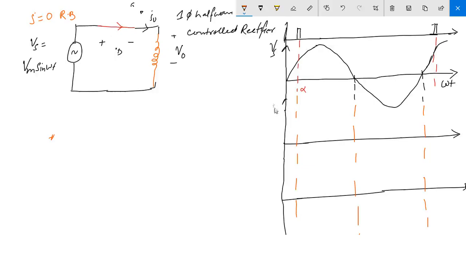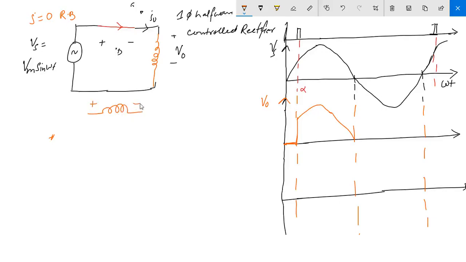During the off period you won't get any waveform here, Vo. Here the waveform is 0. Once the SCR is triggered, the SCR is going to conduct, and it will trace the similar voltage. No problem with the voltage. But the inductor has a property that it charges first.